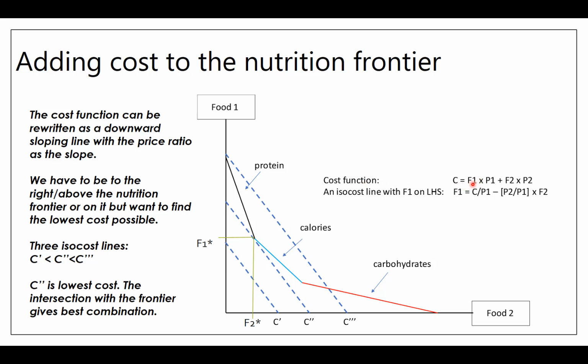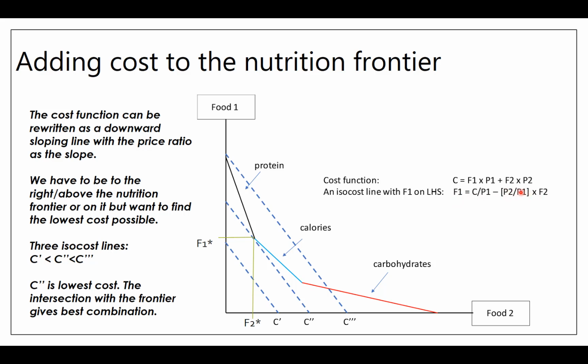So let's let F1 be food 1, F2 be food 2, P1 is the price of food 1, P2 is the price of food 2. Then you could say that the total cost will just be food times price plus food times price. And then if you wanted to rearrange it, because we have this graph that says food 1's a vertical axis item, food 2 is a horizontal axis item, then the way to rearrange that is to solve for an iso-cost line that says F1 on the left-hand side, and then move everything else to the right-hand side.